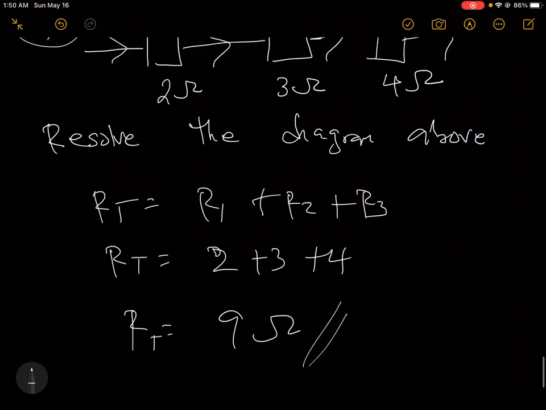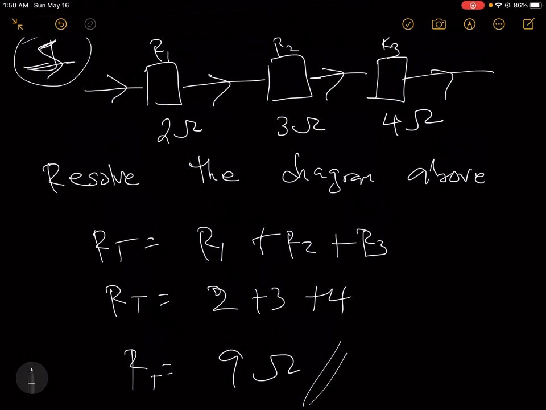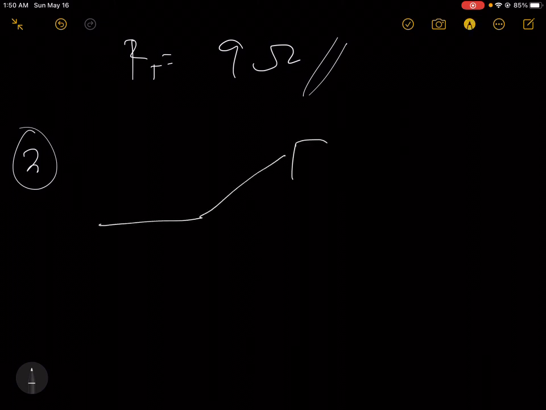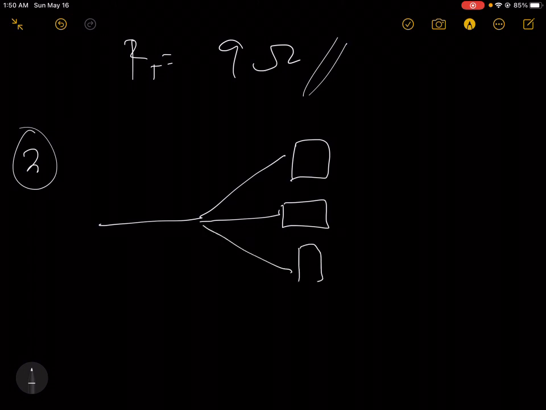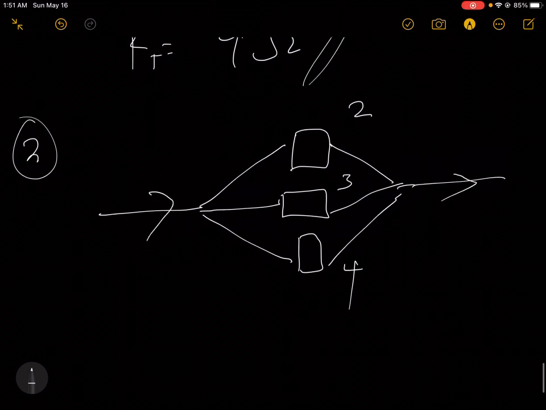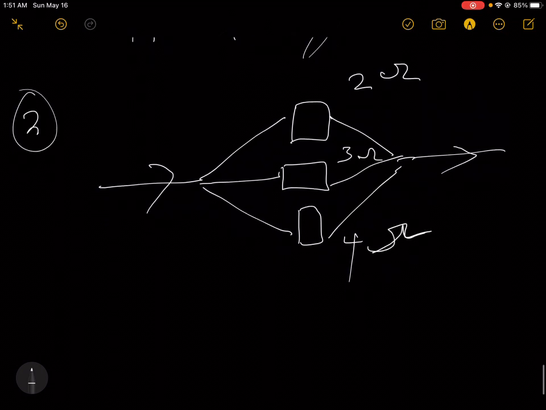But there are more complex diagrams, which I'm going to do in example 2. If I have something like this, and I have 2, 3, and 4 ohms, and you have to resolve this.